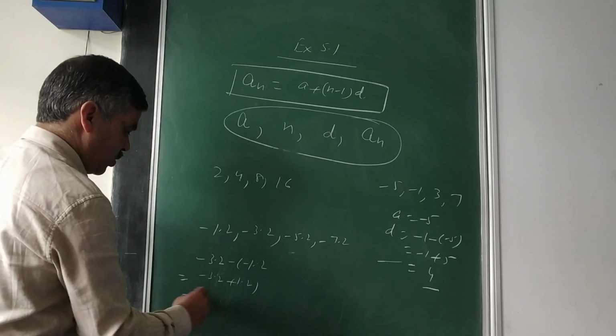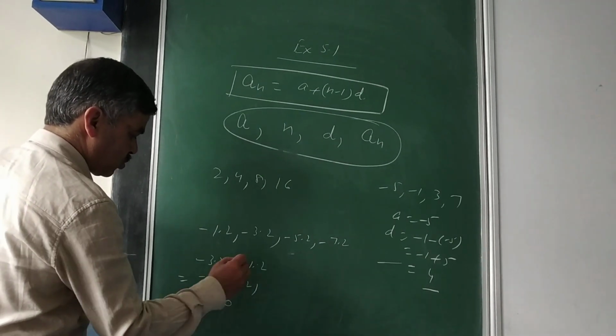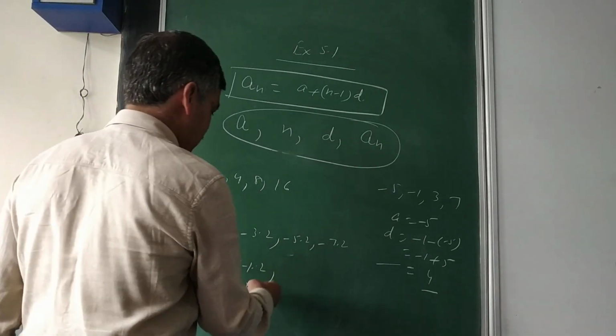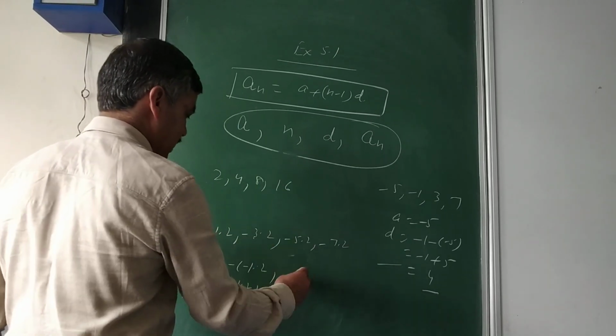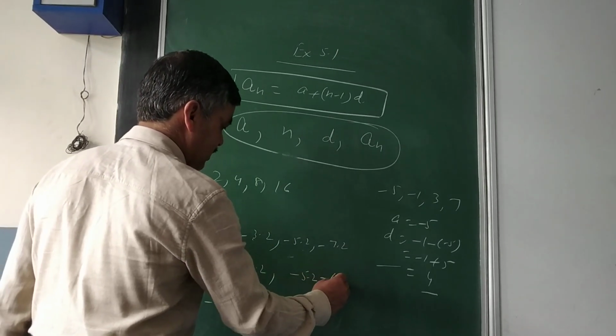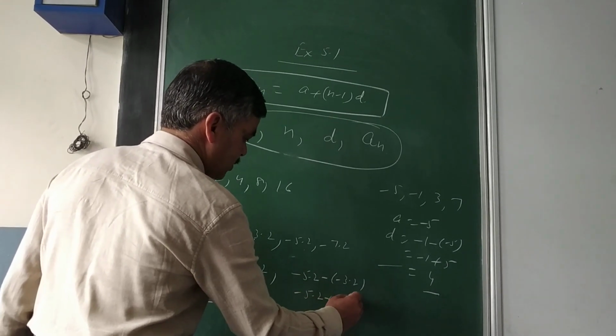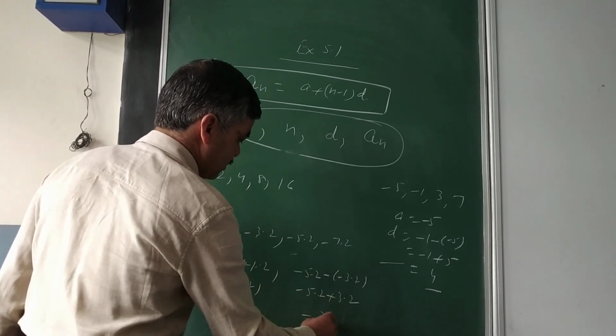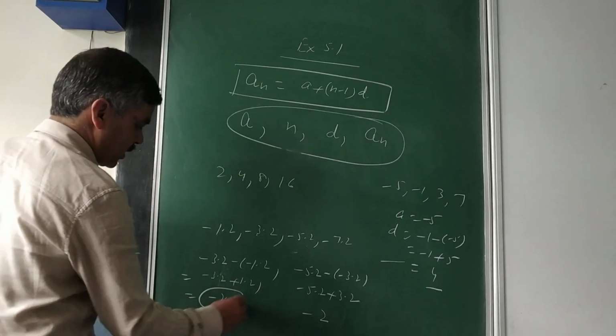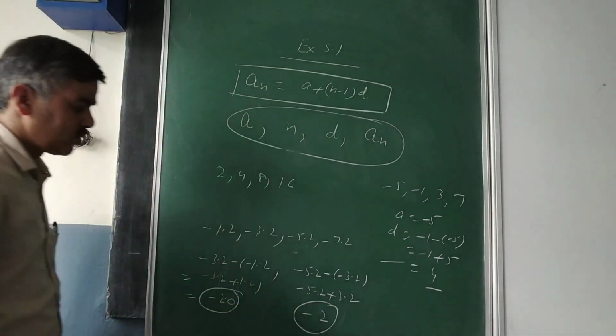What happens? That is minus 2.0. If I check the other one, third minus second: minus 5.2 minus 3.2, it becomes minus 5.2 plus 3.2. Again this is equal to minus 2. So here the result is minus 2, here the result is also minus 2.